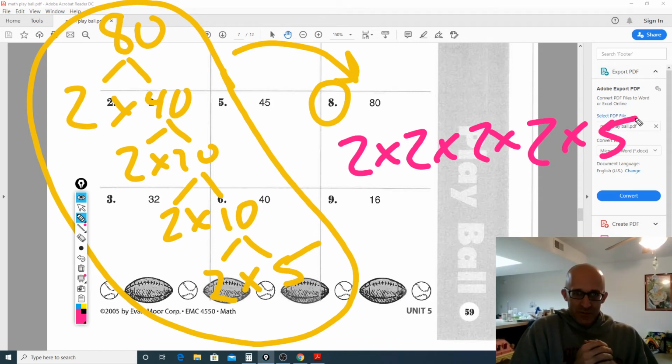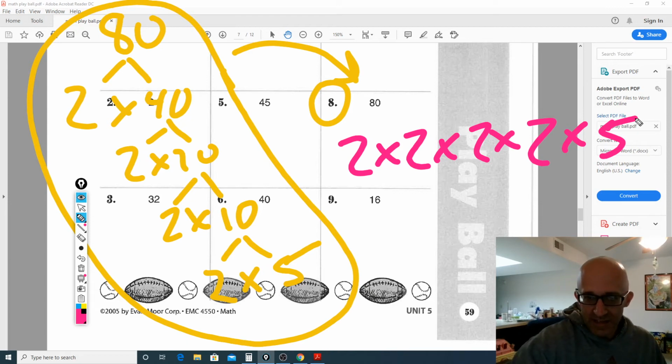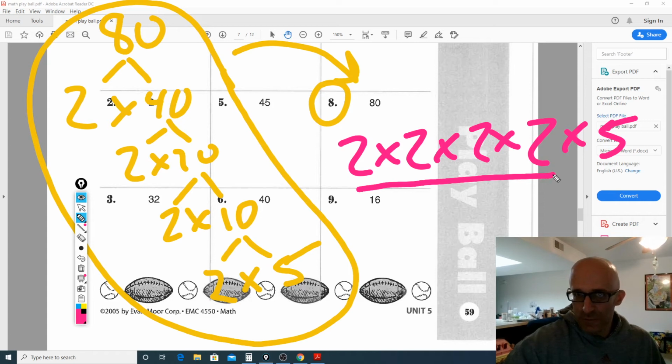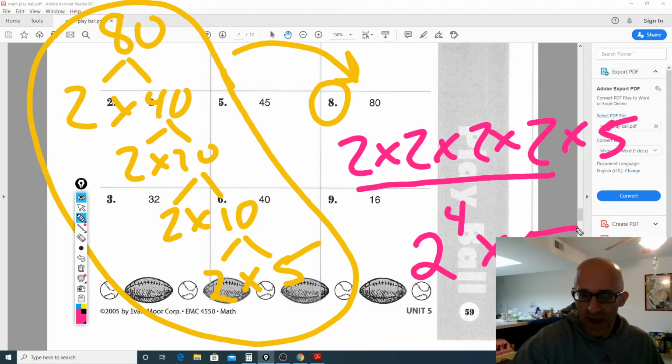Instead of saying 2 times 2 times 2 times 2 times 5, if you're multiplying something by itself 4 times, wouldn't that be 2 to the 4th power times 5? 2 to the 4th power is 2 times 2 times 2 times 2, right? Yes.